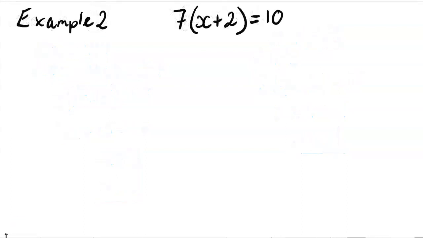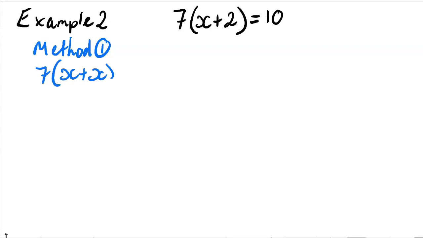Okay, so let's look at this example now. I've got 7 times x plus 2 equals 10. So I'll do my method 1 here, where I expand the brackets. So we've got 7 times x, plus 7 times 2, equals 10.